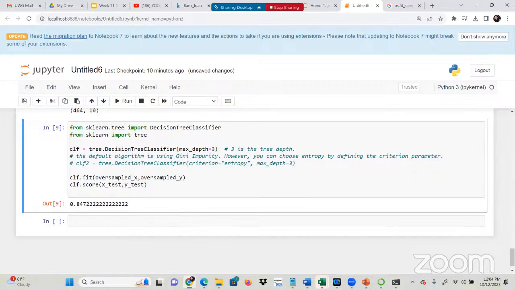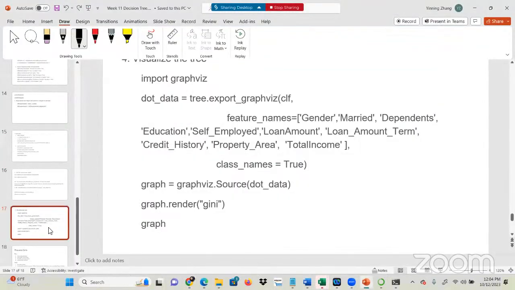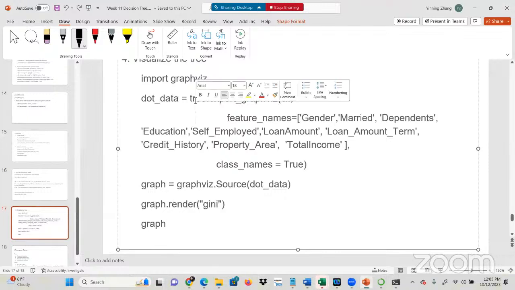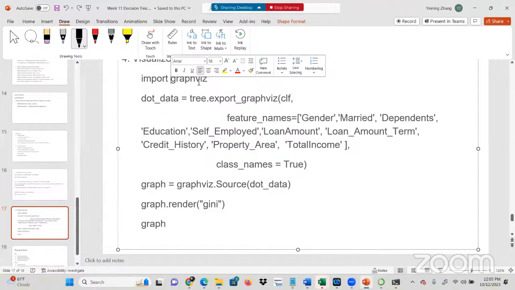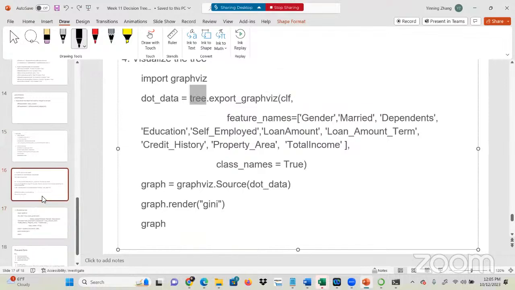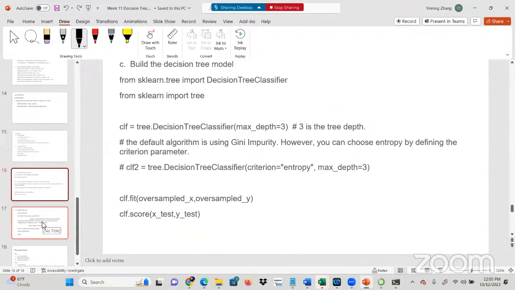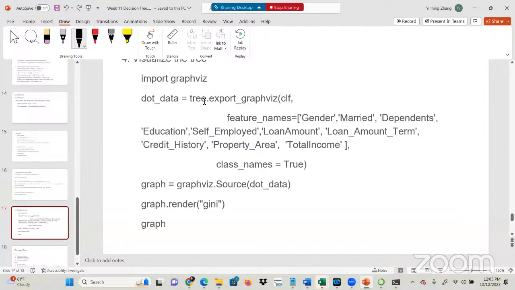That's pretty good. What I really want to show you is that at the end, you will get a tree like this. So you could use the library Graphviz, and then you can visualize this tree.